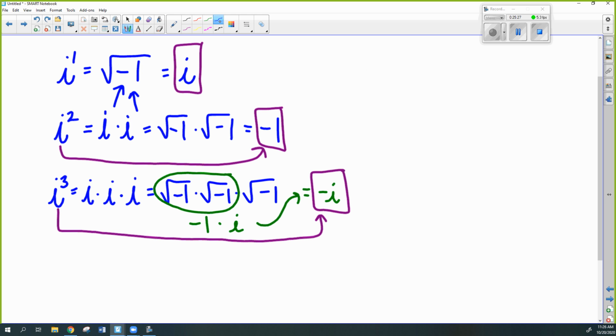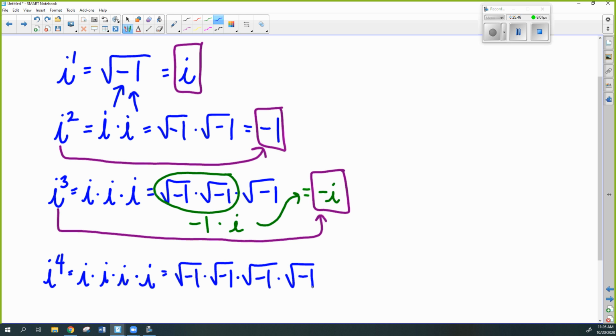All right, and then I'm going to do the same thing with i to the fourth. I'm going to say, okay, well, that's just i times itself 4 times, which is essentially the square root of negative 1 times itself 4 times. All right, well, if I relate that to what I've been doing the whole time, 2 of them make a negative 1, and another 2 of them make another negative 1.